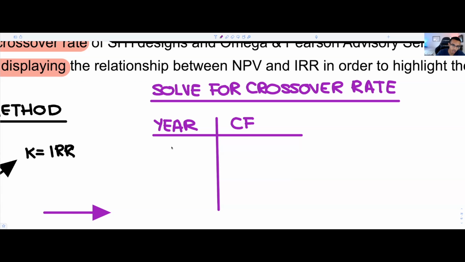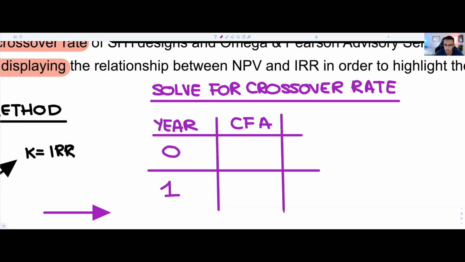So you would have year 0 and year 1. Year 0 is your initial investment, and year 1 is your cash flow for year 1. But in this case, we're looking at something very specific because we're looking at perpetuities, so we're going to have to use some magic tricks to help us out.